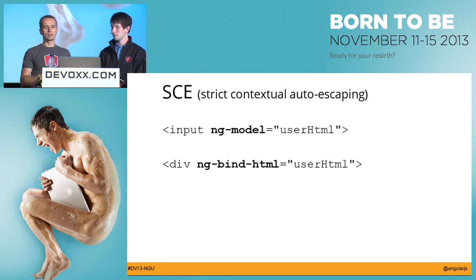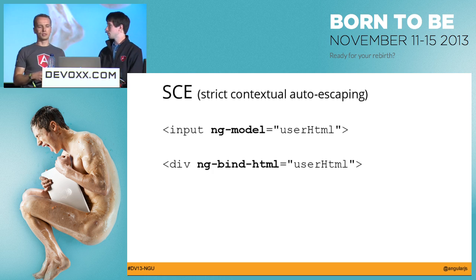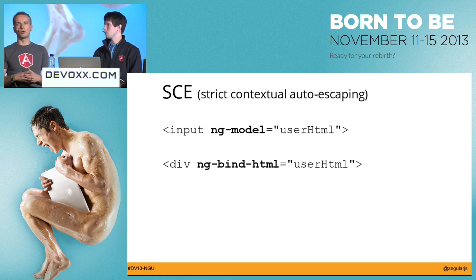There is one that is using inner HTML, and that is ngBindHtml. Usually, ngBindHtml uses inner HTML under the hood. And for this one, it's really important that we trust the model, the string that is being used for this operation.